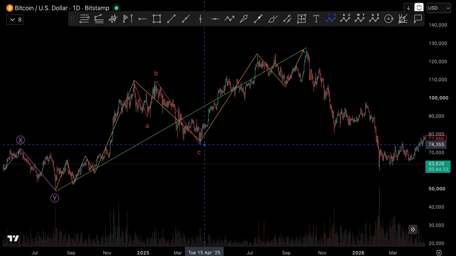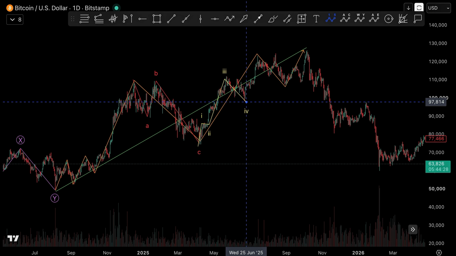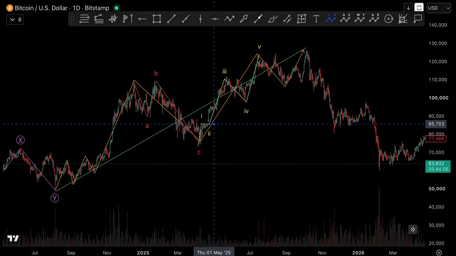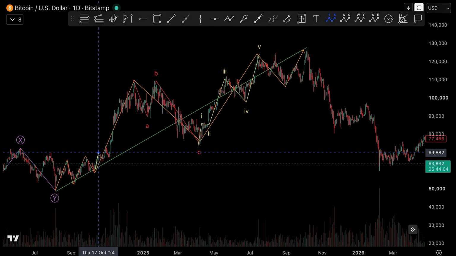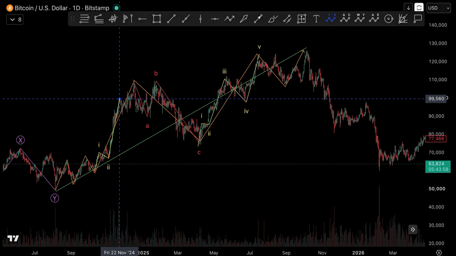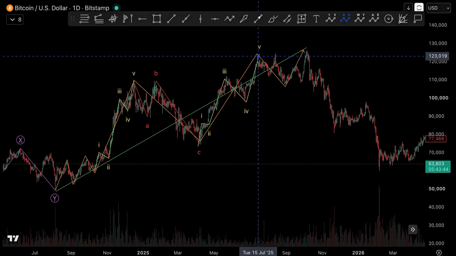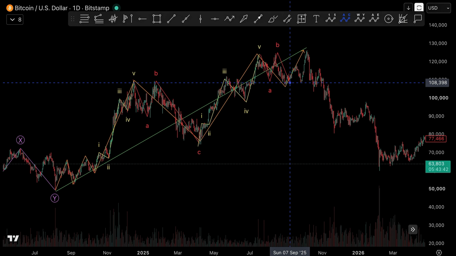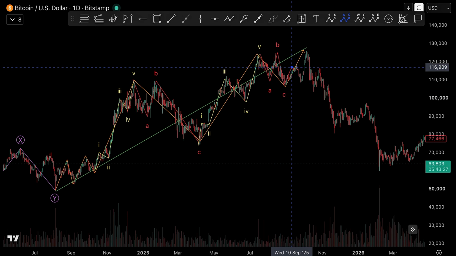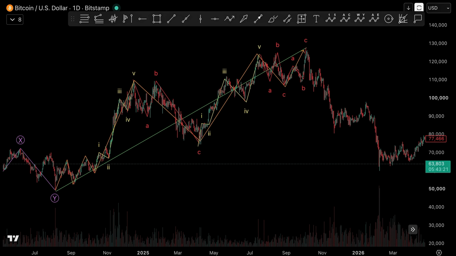And this wave up here is a 1, 2, 3, 4, 5. And this one here is a wave 1. And then we have a running flat here as a wave 2. And then we have wave 3, 4, and a 5. And this one here is an A, B, C correction, followed by another A, B, C to the upside to finish the entire wave up.